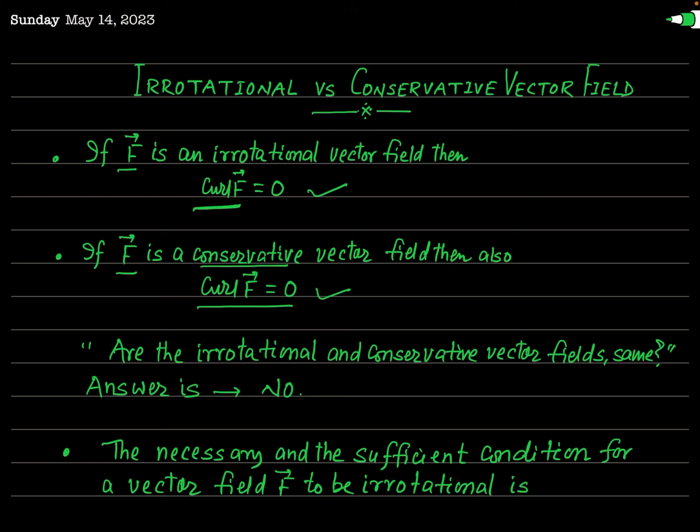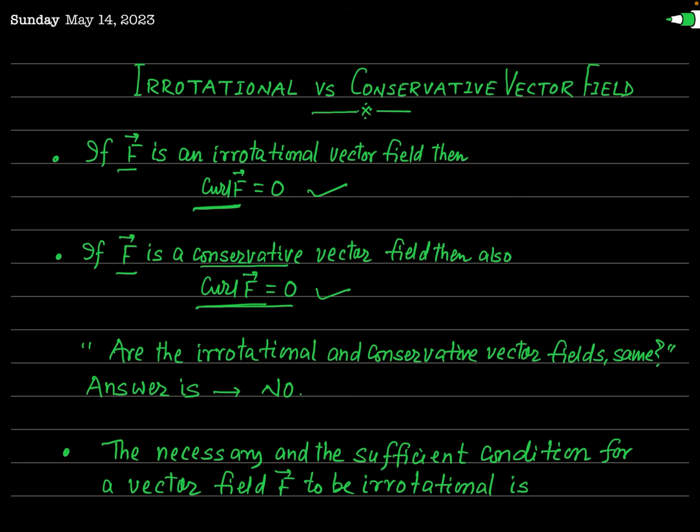When curl f is 0, you say that vector is irrotational, and if f is a conservative vector field, then again you see that curl f is equal to 0. So the mathematical conditions are the same. So definitely there is an obvious question in your mind: are the irrotational and the conservative vector fields the same?